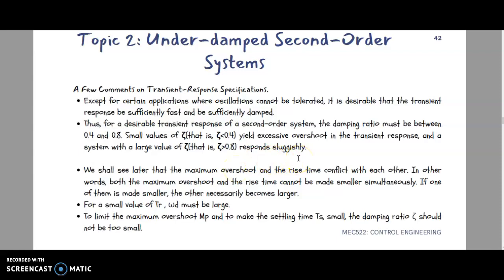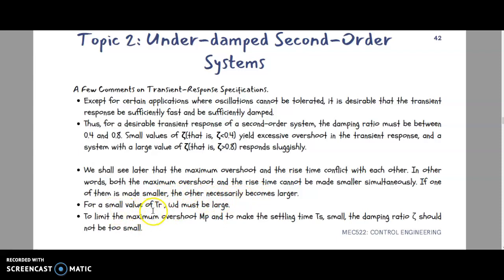Here you want to know the relationship between maximum overshoot and rise time. One of the facts is that if one of them is made smaller, the other necessarily becomes larger.